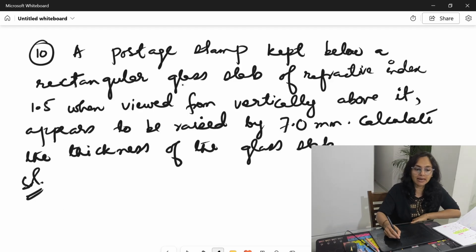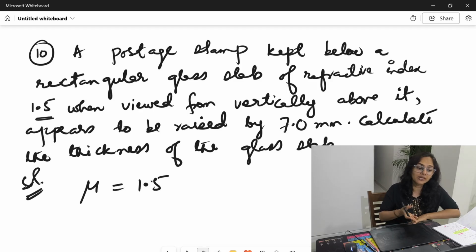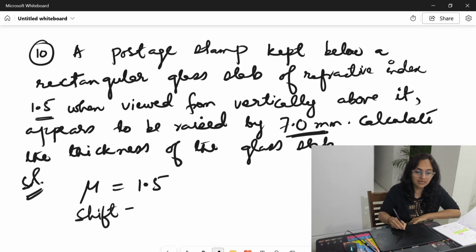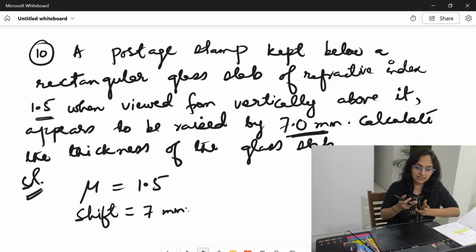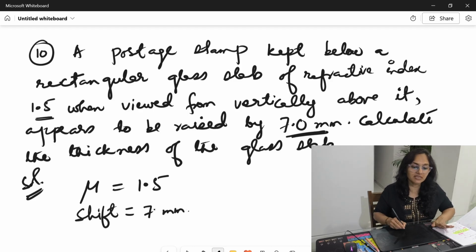A postage stamp is kept below a rectangular glass slab of refractive index 1.5. So mu is equal to 1.5. We are viewing it from vertically above and it appears to be raised by 7 millimeter, which means shift is 7 millimeter. Whatever it appears to be raised, that is called the shift.